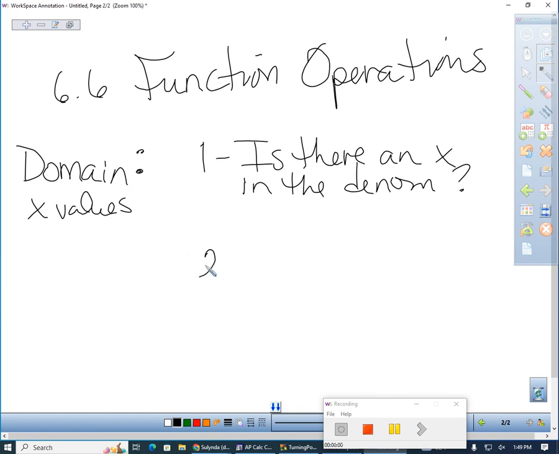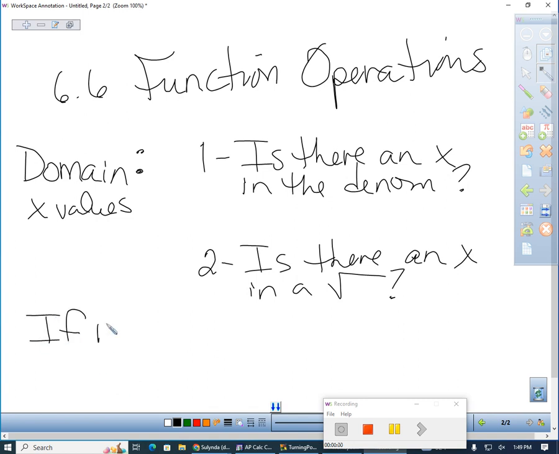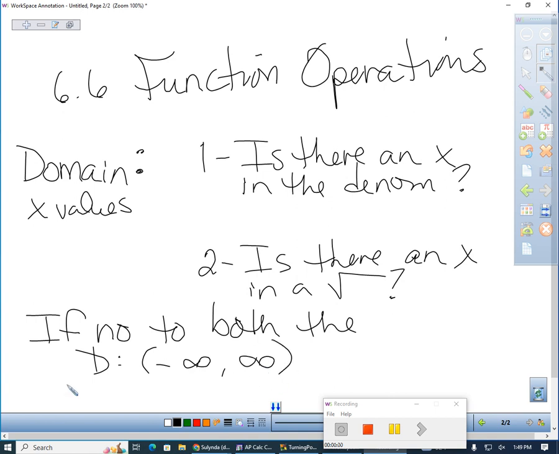And question number 2, is there an x in a square root? If it is no to both of those, the domain is negative infinity to positive infinity.